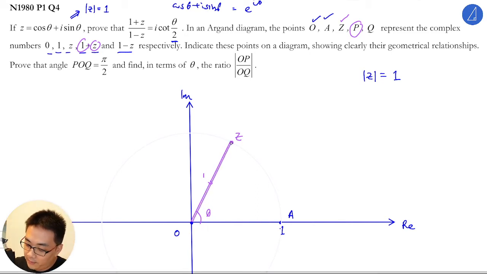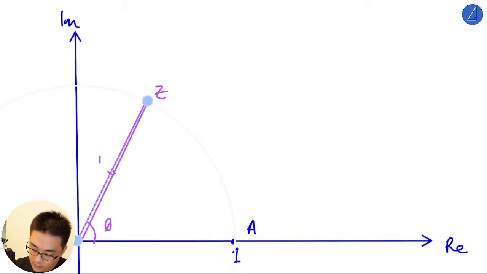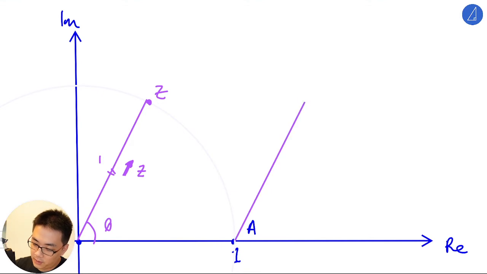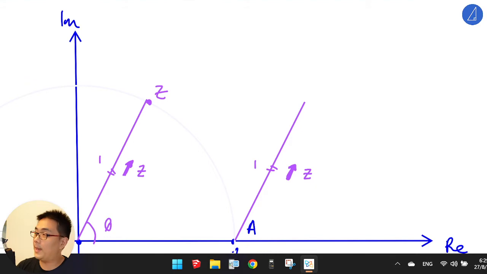This is Z. Your vector here is Z like that. So you just duplicate this one and put it over at the A here. So this is Z also. Then this length here is how much? This length here is 1.